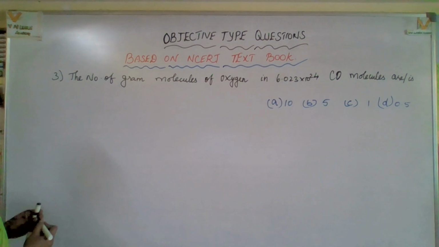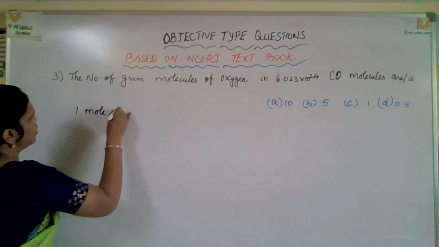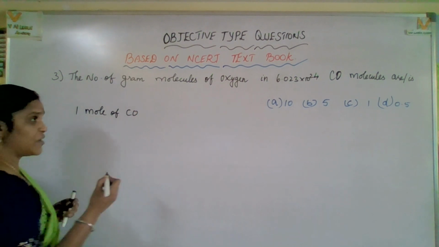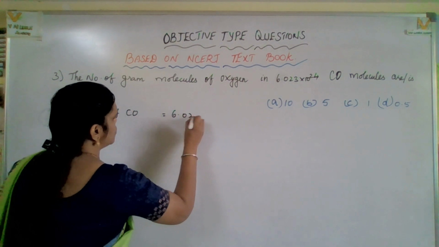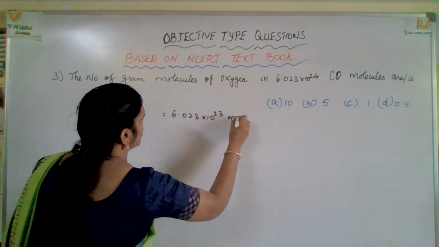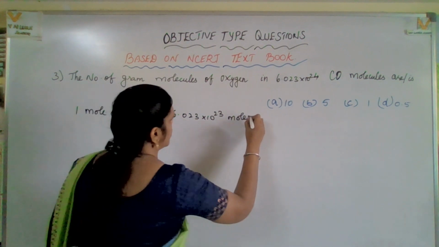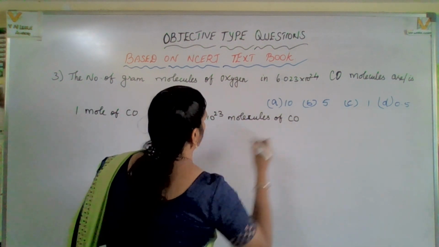Here in this question, 1 mole of carbon monoxide equals 6.023 into 10 to the power of 23 molecules of carbon monoxide.